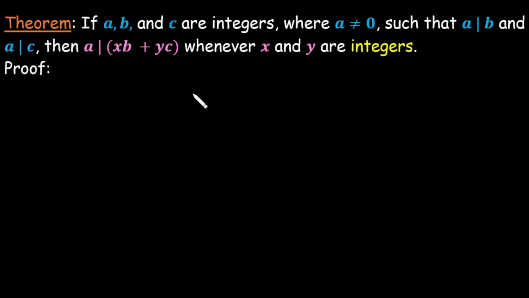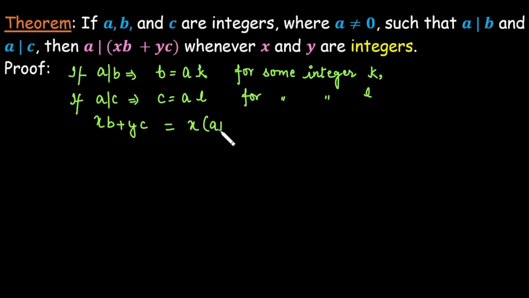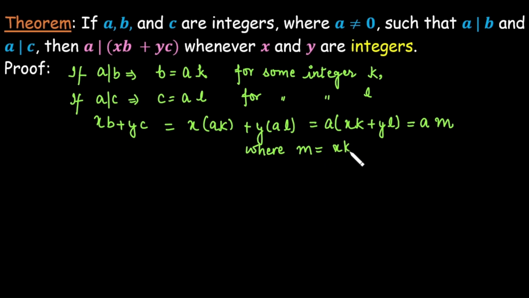Now why is this true? Well, A divides B, it means B is equal to A times some integer K, whereas if A divides C, it means C is equal to A times some integer, suppose L. So X times B plus Y times C becomes X times A into K plus Y times A into L. So we can take A outside and we have X times K plus Y times L. As X, K, Y, L are integers, we can write it as A times some integer, suppose M, where M is equal to X times K plus Y times L and is an integer.